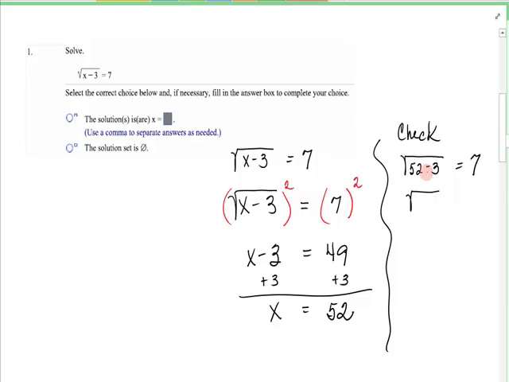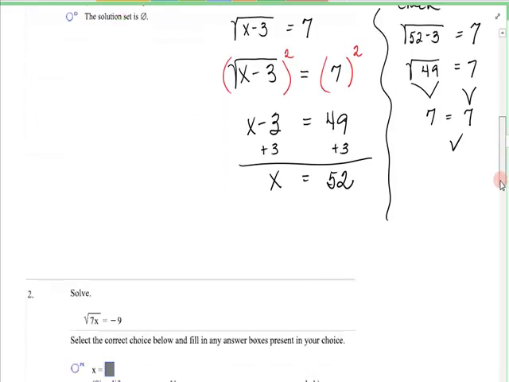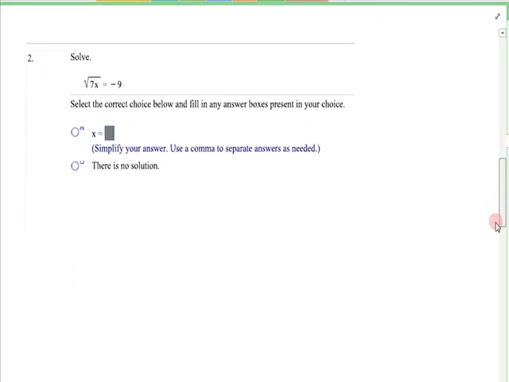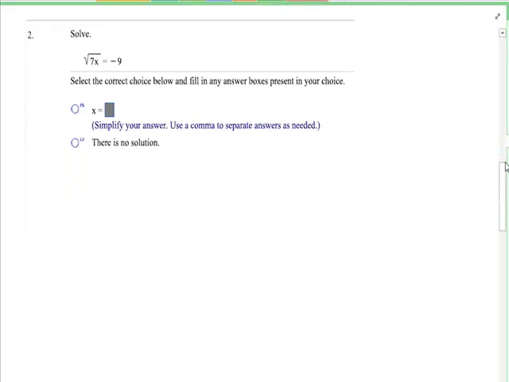So 52 minus 3 is 49. And what is the square root of 49? It's 7. And the right-hand side is 7. So this one checks. You have to check it because that process of squaring could cause something to change its sign and appear to be the right answer that won't check in the original.